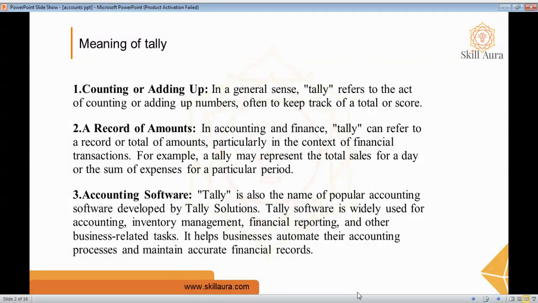So you have to report all these transactions in Tally with the help of four reports, that is balance sheet, profit and loss account, cash flow statement, ledger account. This balance sheet shows the company financial position at a given date.